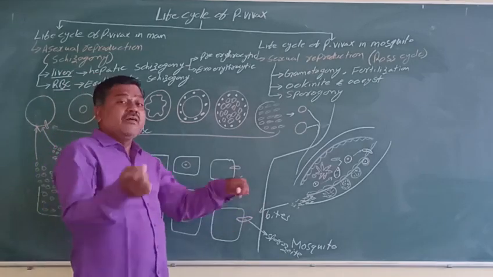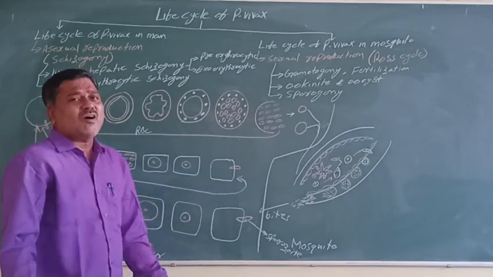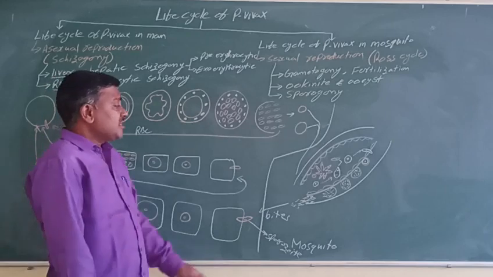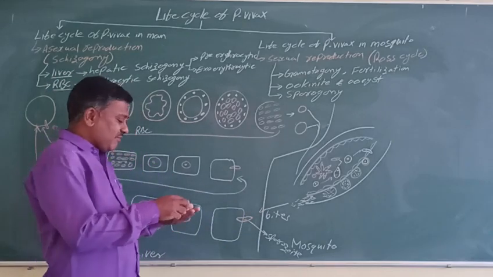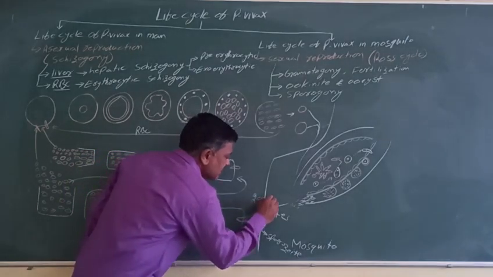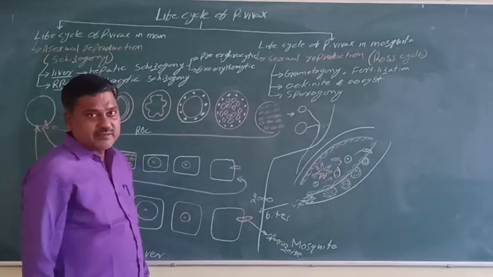Now keep in mind, when a mosquito bites, whether it bites on the hand or on the leg, wherever it bites, it releases nearly 2000 sporozoites in our blood.